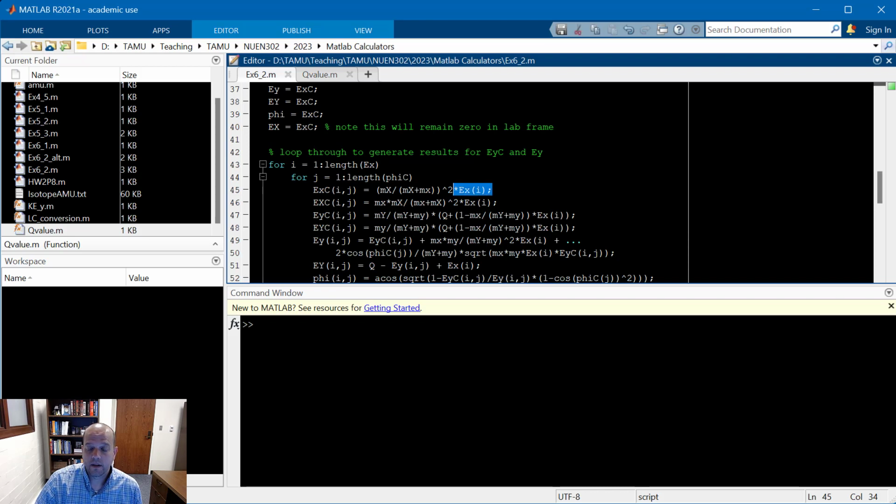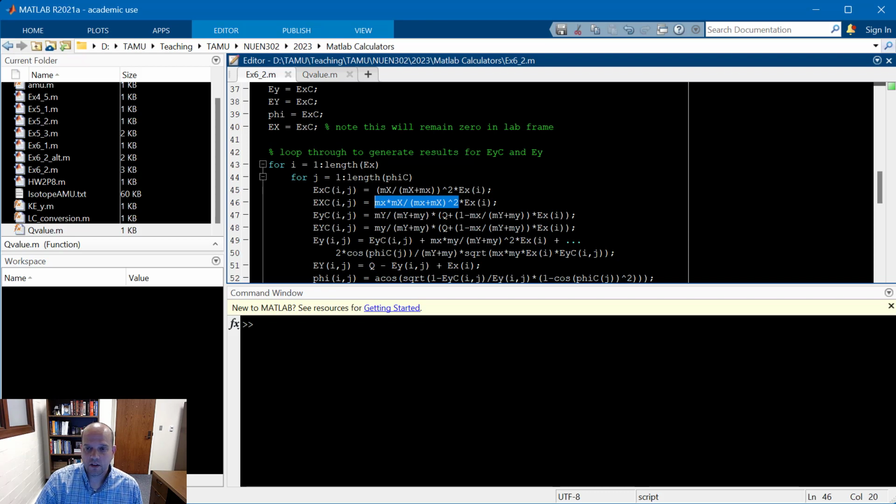I've got my target kinetic energy, which is also a function of EX. And you notice that the only thing in front of here is a constant. I mean, these masses are not changing. I have mass of x and mass of capital X. And it's the same story with this one.